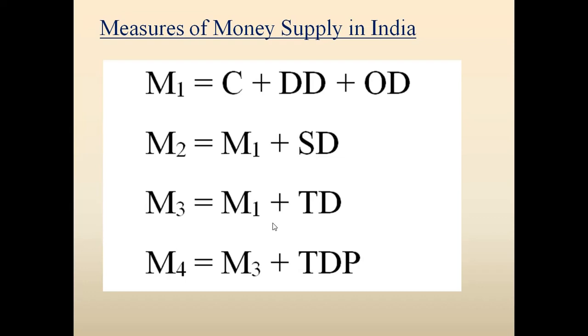Now, what is M1? By M1, we mean the currency notes and the coins held by the public. Now, DD means the demand deposits. In simple terms, it is known as the saving account or the saving deposit, and other types of deposits.